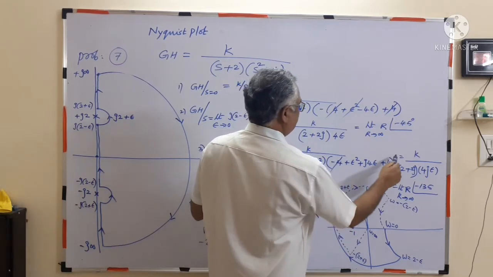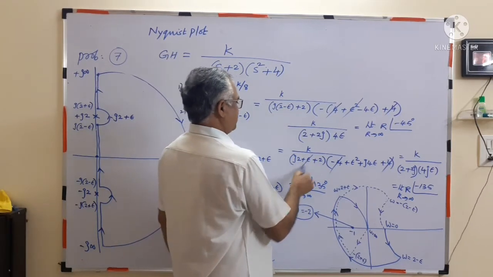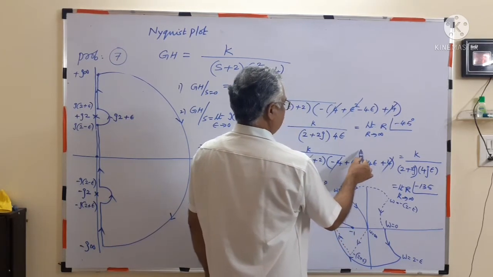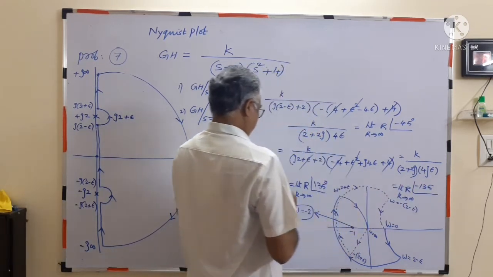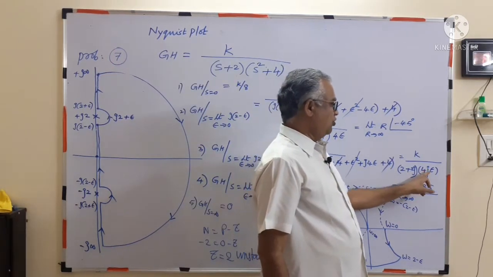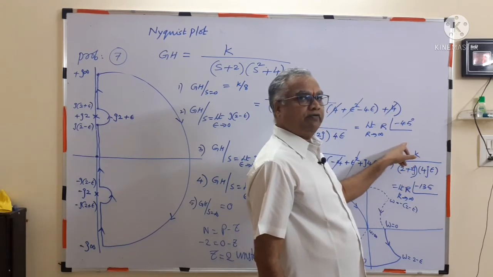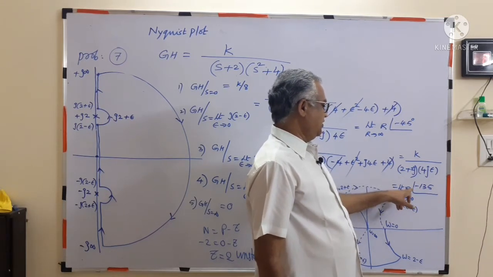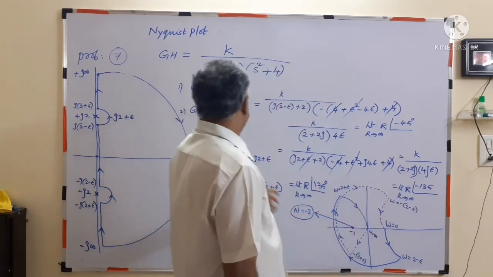Now this cancels, and K by 2 plus 2j, epsilon is neglected. Here epsilon square is small, neglected. Now j4 epsilon. We are doing just approximation. 4j epsilon will give minus 90. This will give minus 45. Minus 90 minus 45 is minus 135. Limit r tends to infinite, angle minus 135. This third point.